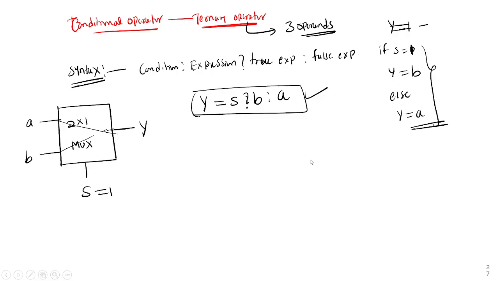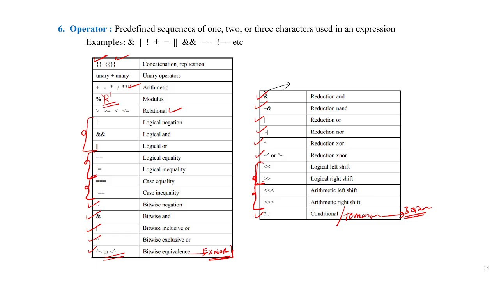These are about the operators. Once you check, we completed, we already covered concatenation, replication, unary operator. Unary operator means the addition operators only. Arithmetic, modulus, these you know. These are basic mathematical.